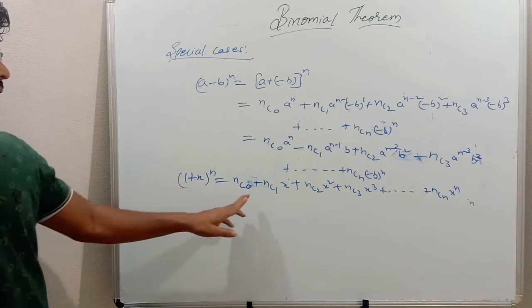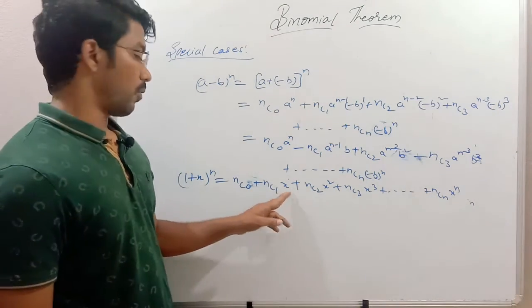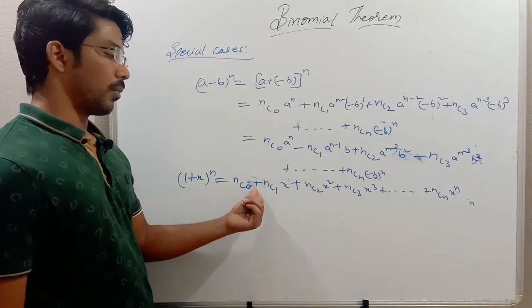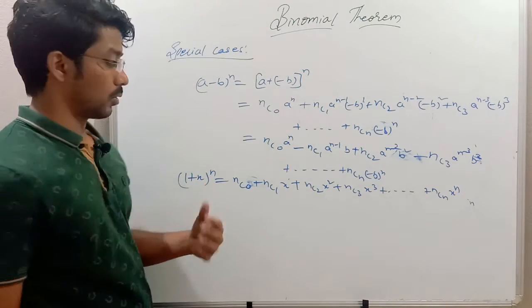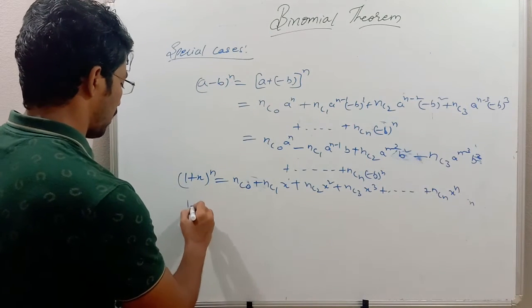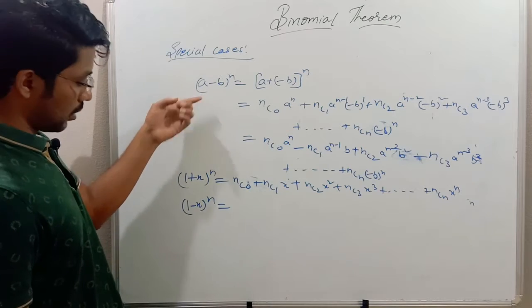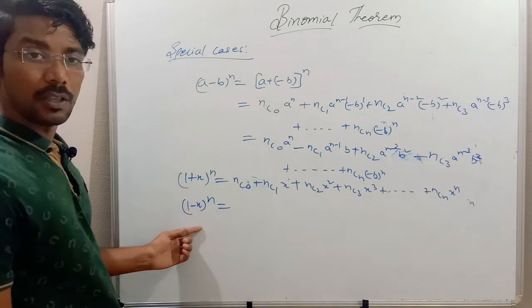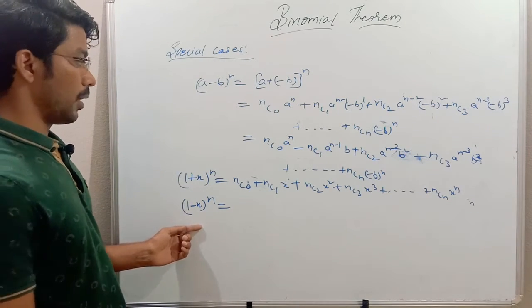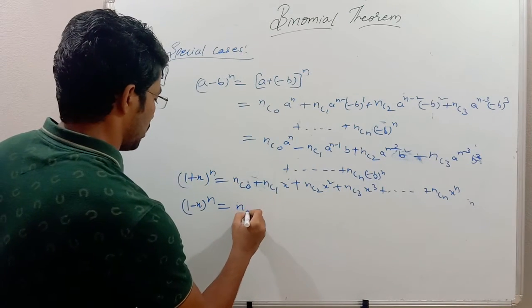If you observe here, there is no other variable except x. Why? Because any power of 1 is 1, so it is left out. Next, (1 minus x) whole power n. If we compare this with (a minus b) whole power n, we get the same manner of result here.